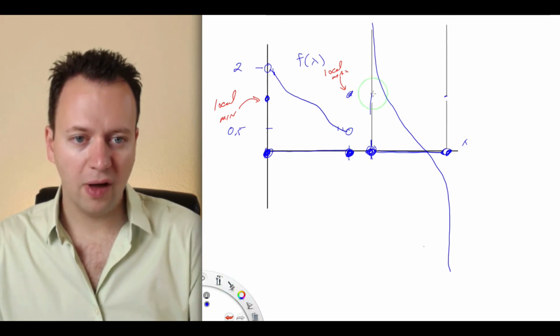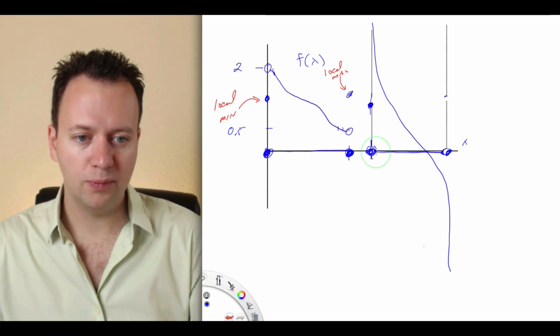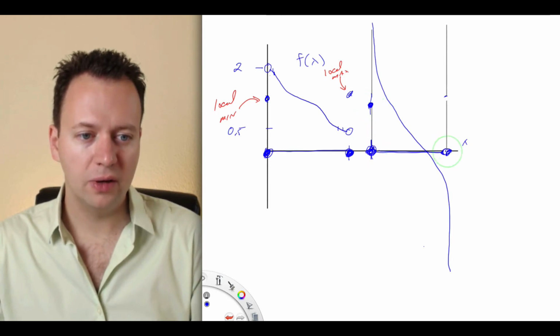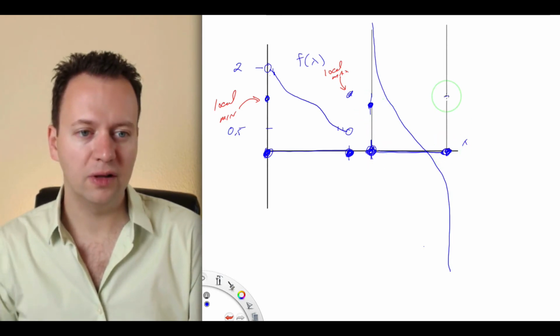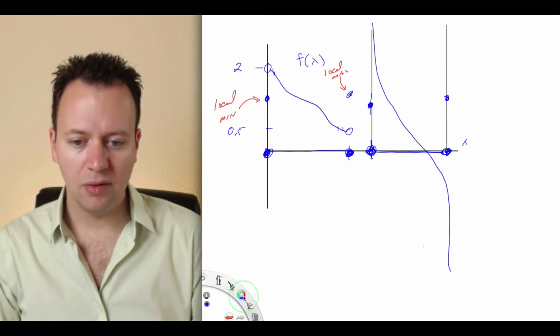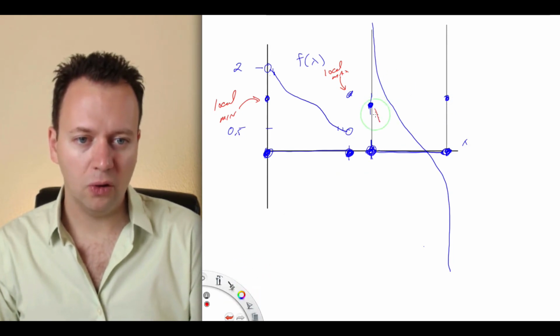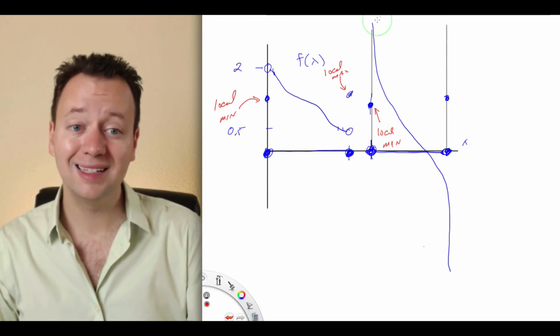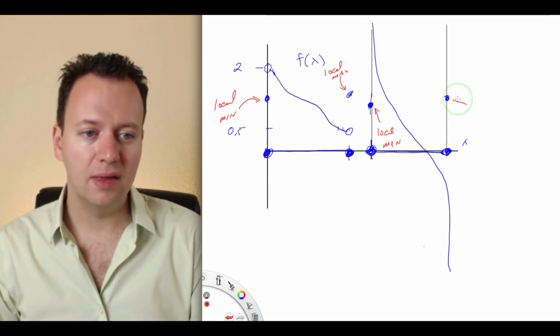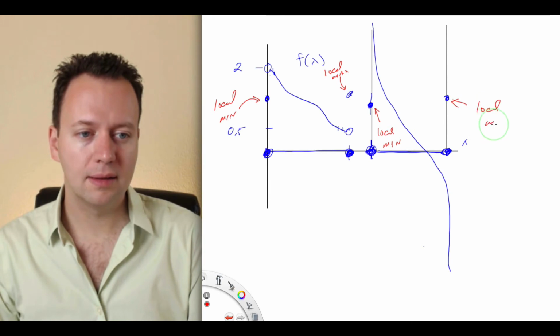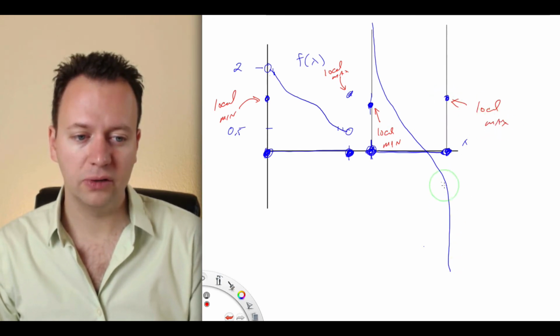If I define the y value at this boundary point to be this y value, and at this boundary point to be that, then this is a local min because the output here is less than any of the outputs up here, and this one is a local max because it has a greater value than any of the values down here.